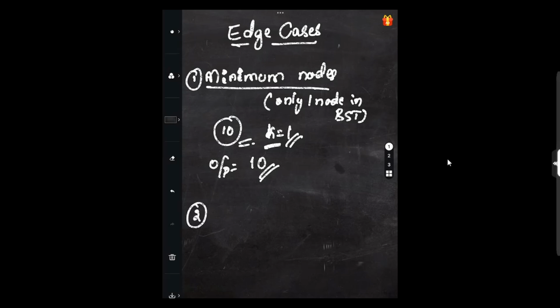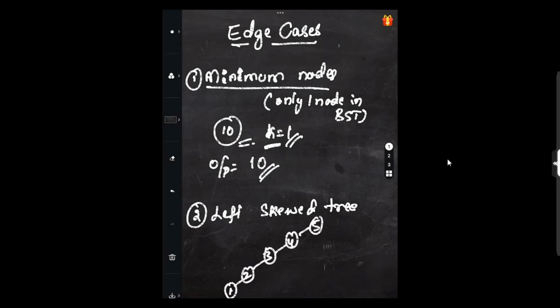Let's go with the second edge case, a left skewed tree. When I say left skewed tree, it will be 5, 4, 3, 2, 1. Only the left side we are considering, as it is a left skewed tree. Only left nodes. So the in order elements are 1, 2, 3, 4, 5.